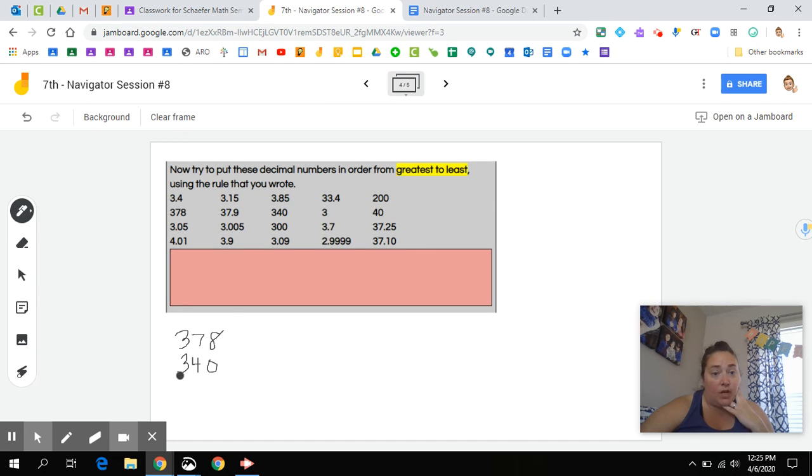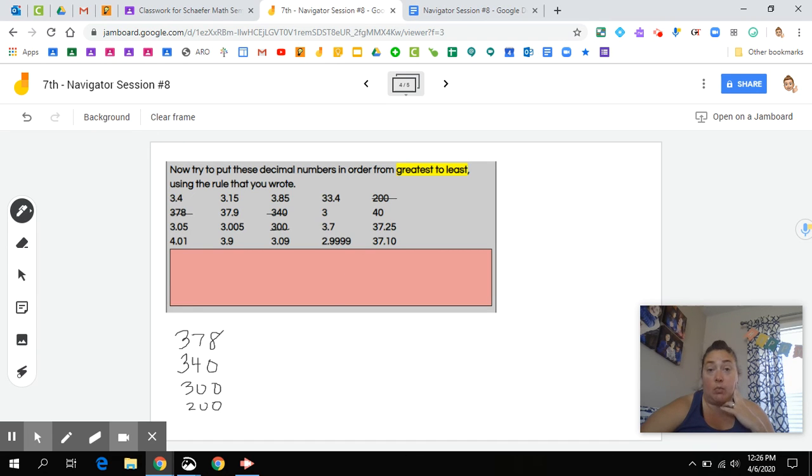I have 300. Any other numbers in the hundreds? I have 200. And so I'm just organizing them by all the things that were in the hundreds. They could have had decimals. I don't see any numbers in the hundreds that had decimals, so I think we're good.